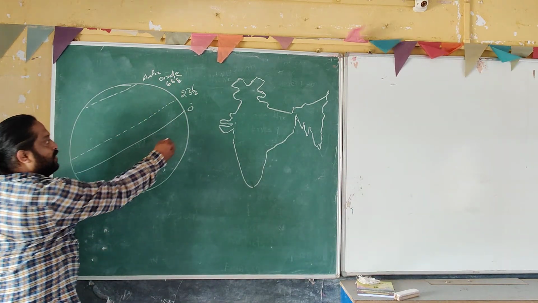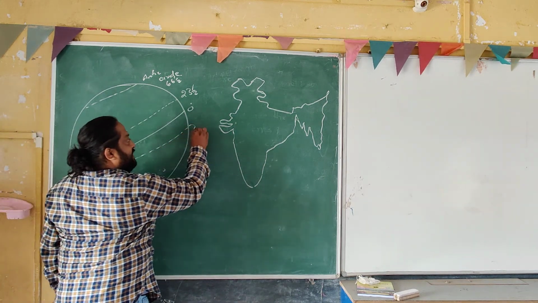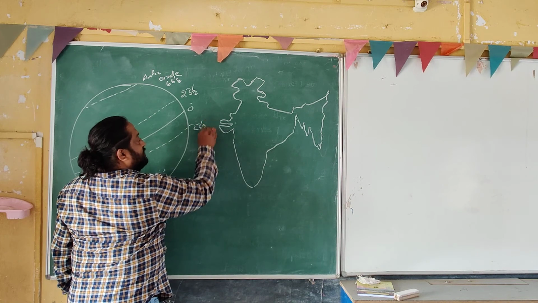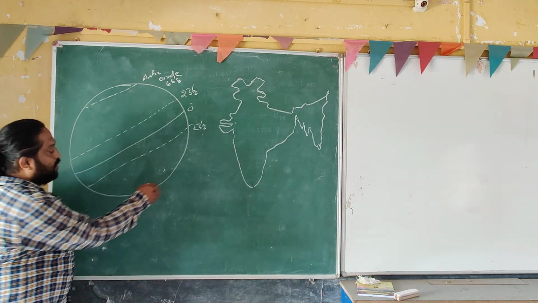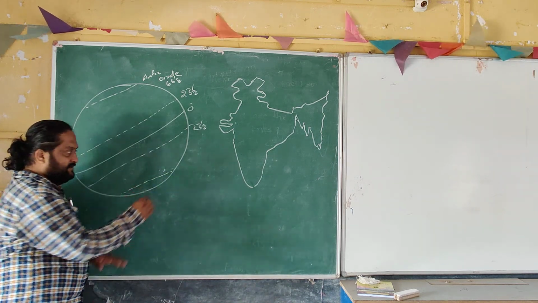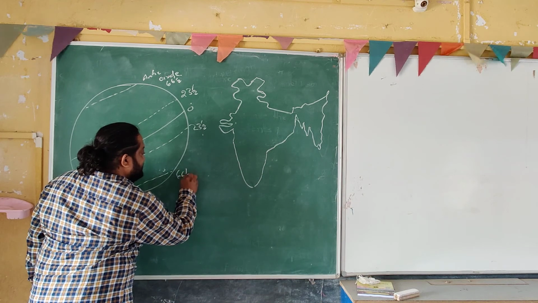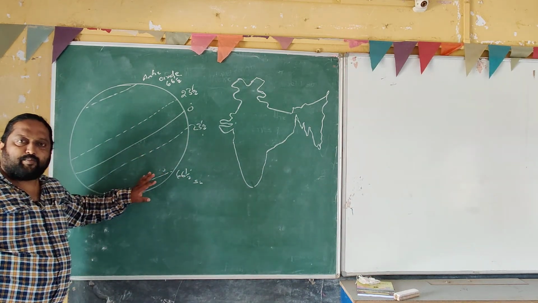In the same way, we have imaginary lines in the south: 23.5 degree south latitude, which is called the Tropic of Capricorn, and one more major imaginary line called the Antarctic Circle, which measures 66.5 degree south latitude. It is in the southern pole.